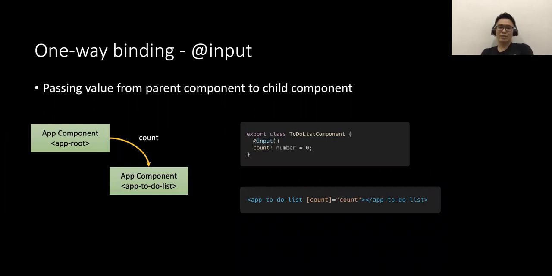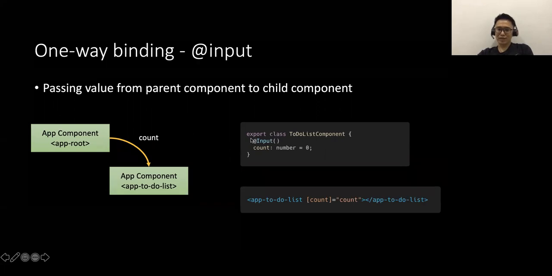And the binding here means we can pass some information from the parent component to the child component. Look at the diagram on the left. We have the root component here, and then we pass a variable called count into the child component. How can we do it? In our child component, we have to declare an input. Look at the tag, the alias Input, with a bracket here. We call it a decorator.